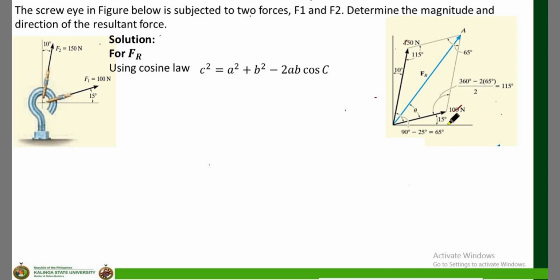The first thing you will do from these two forces, the 150 and the 100 newtons, is draw a parallelogram. Again, a parallelogram is like a rectangle that is slanted. We learned about parallelograms. Can you see the difference? I'll change the colors so you can see the difference.